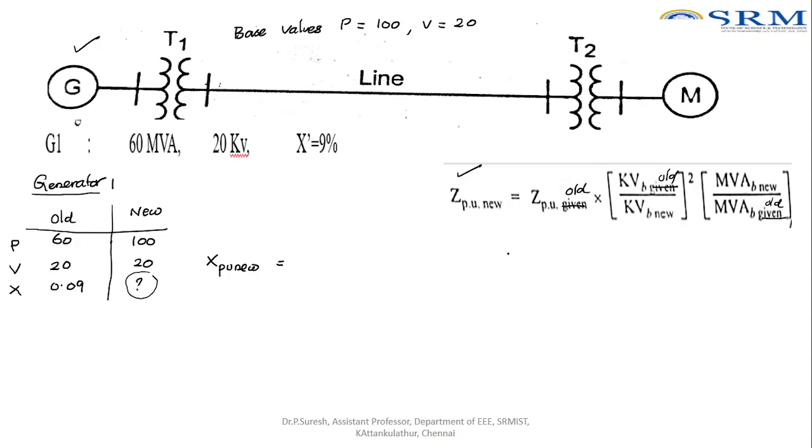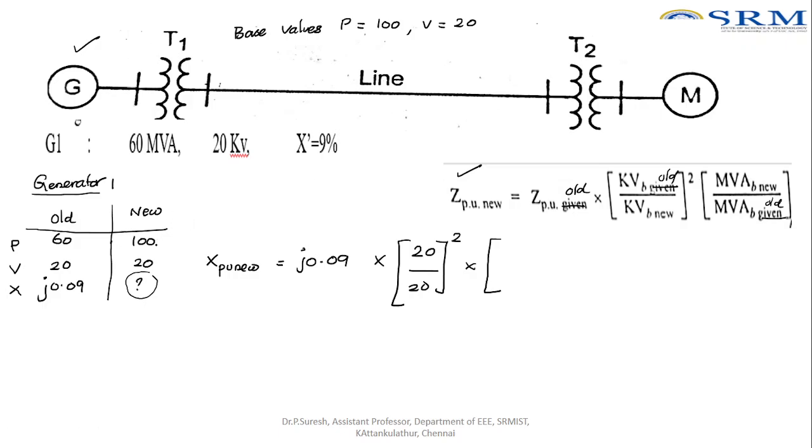So what is the formula? X per unit old, what is the X value of old? It is j0.09. So that is the old value, multiplied by, as per the formula, kVb old. What is the old value? It is 20. And what is the new value of voltage? It is also 20, whole square, multiplied by MVAb new power.